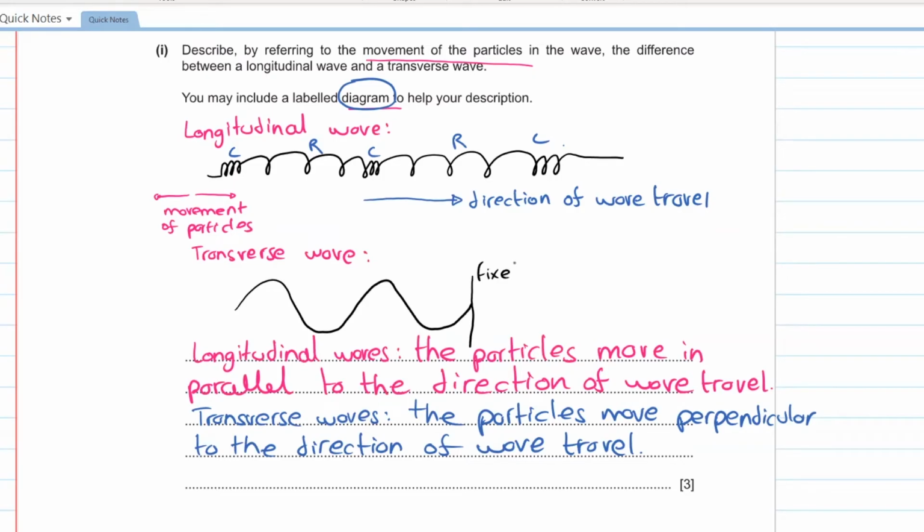Let's say this is a fixed end, and let's say this is your direction of particles, and let's say this is the movement of wave. Simple.